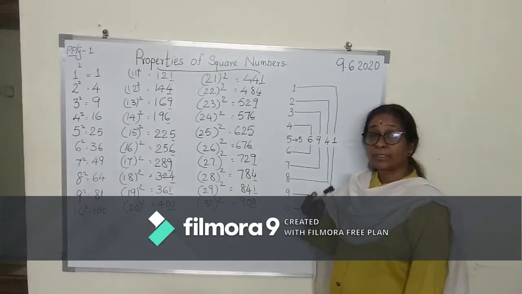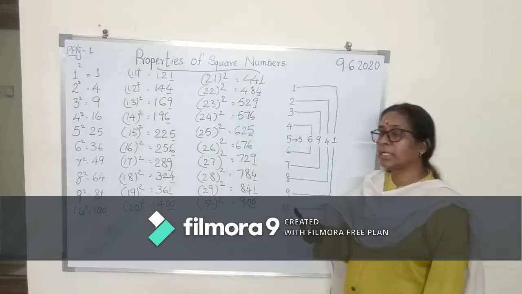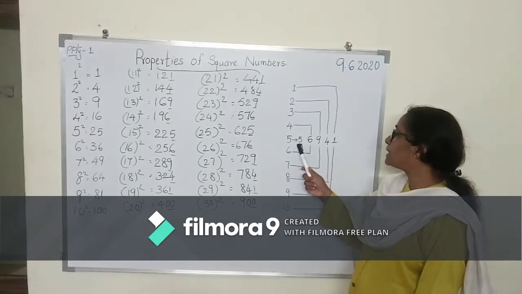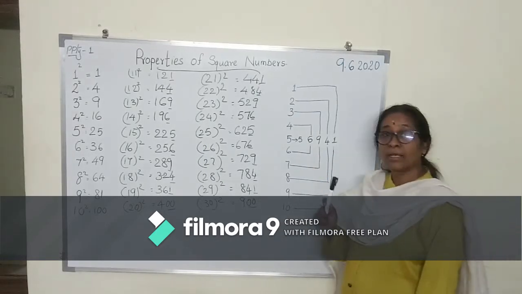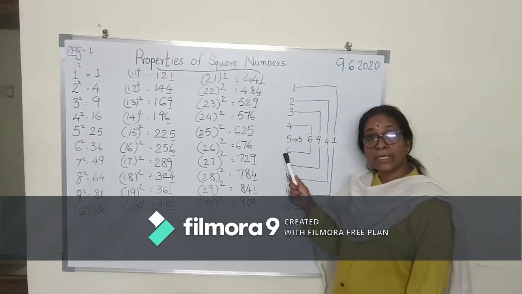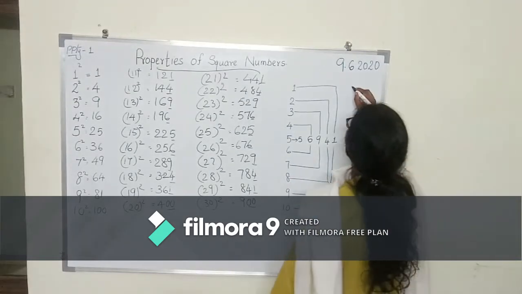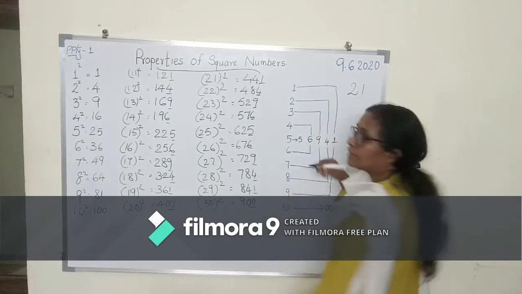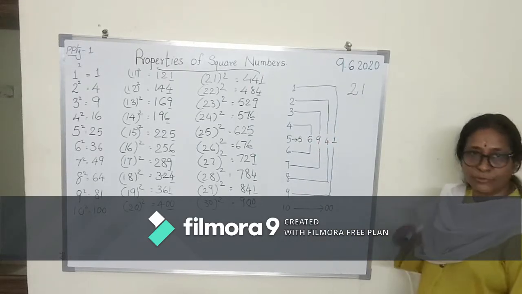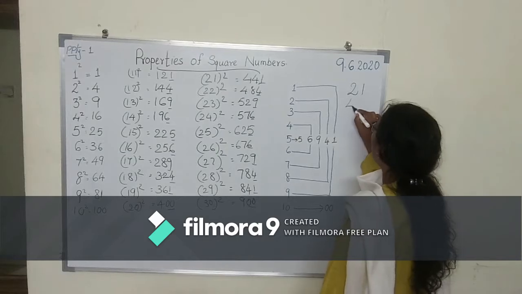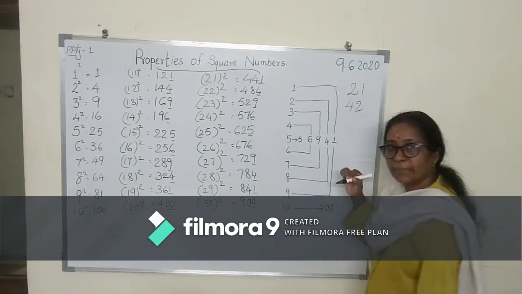But does it mean that all the numbers which end with 1, 4, 9, 6, 5 or double zeros are square numbers? No. Let us check. If I write a number 21, is it a square number? No. If I write 42, is it a square number?